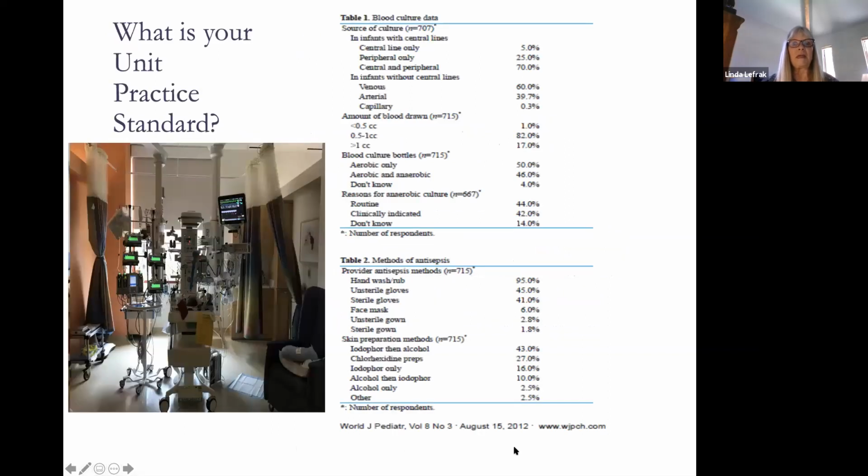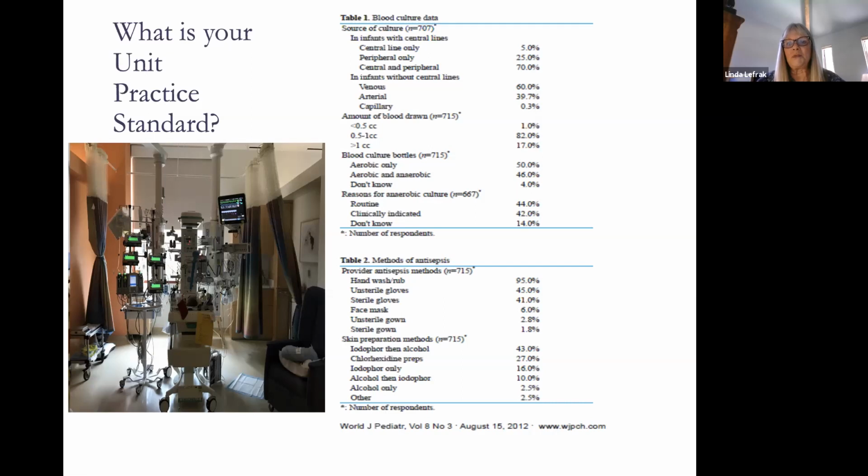So one of the articles that I could find that was neonatal specific was actually published a decade ago. This was a survey sent out to neonatologists through the AAP perinatal regions, and it simply asked basic questions of mostly neonatologists and fellows. I don't believe there were any nurses that were asked these questions, but the practice was pretty variable.